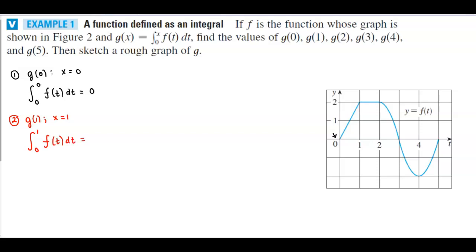From 0 to 1 over here, we can see that we end up having a triangle. And what do we know about the area of a triangle? It's going to be 1/2 times the base times the height. So we're going to take 1/2 times 1 times 2, which gives us an area of 1.